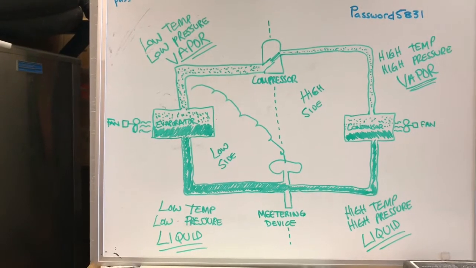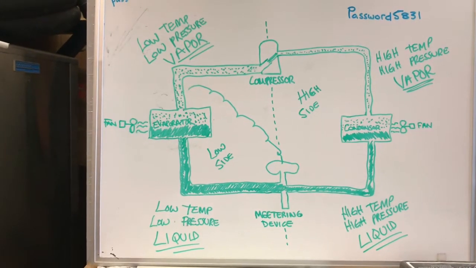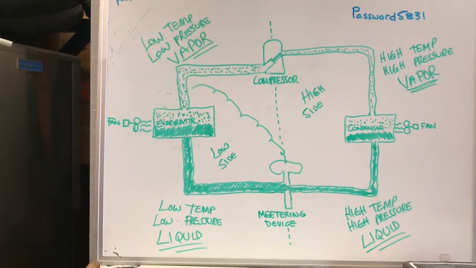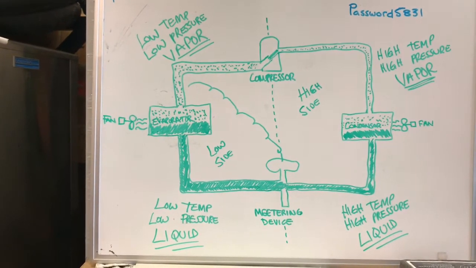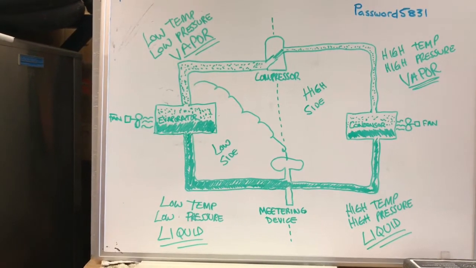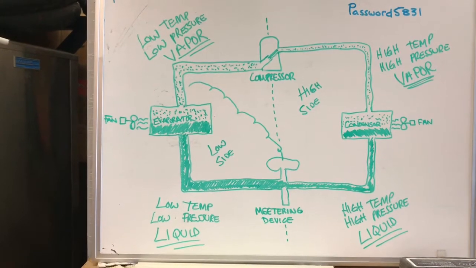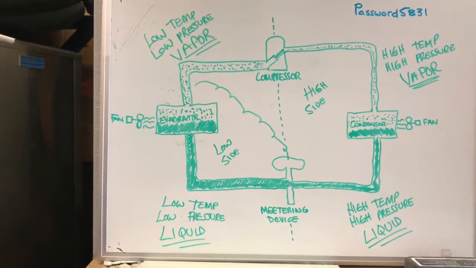So again, the compressor compresses refrigerant into a high temperature, high pressure vapor. The condenser rejects the heat that's in the refrigerant so that it can go from vapor to liquid, where it becomes a high temperature, high pressure liquid. The metering device drops the pressure.